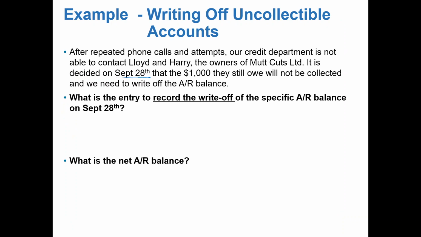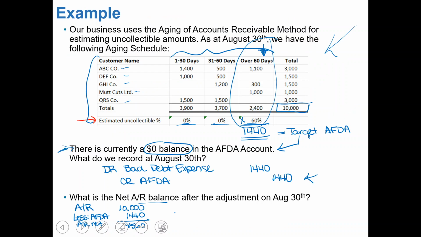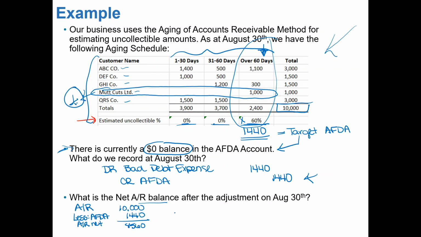So on September 28th, we decide that the $1,000 they still owe us will not be collected and we need to write that off. So we can go back here. We see this Mutt Cuts amount. They owe us $1,000. We know now that this particular customer we can't collect from, so we're going to write off that amount.